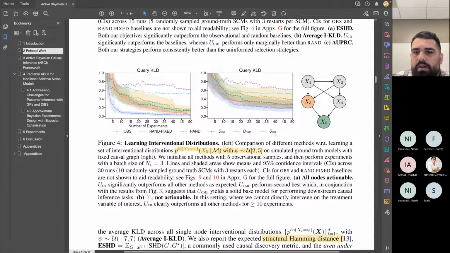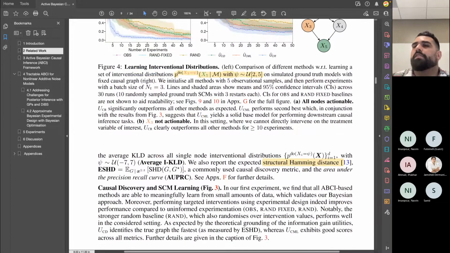They see UCR, which is the function for causal reasoning, performs very well on the left, but on the right side, not very well, only after a certain number of experiments. So at the beginning, it doesn't perform very well when they're not able to perform experiments on all of them. So that was regarding experiments.